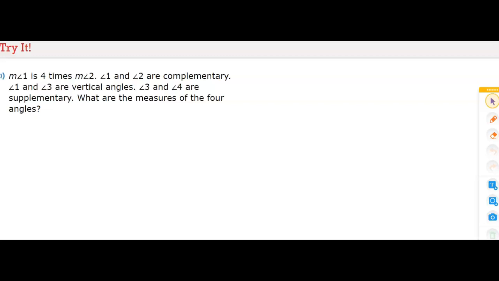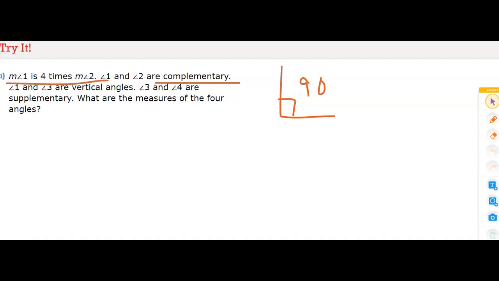All right, so let's look at it this way. We have complementary angles. Complementary means they are equal to 90 degrees. So angle 1 is 4 times angle 2. So angle 1 and angle 2 are 90 and they're complementary.